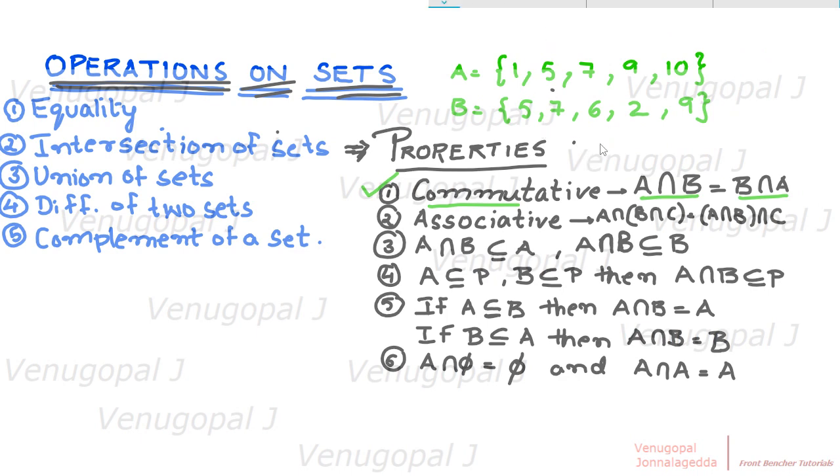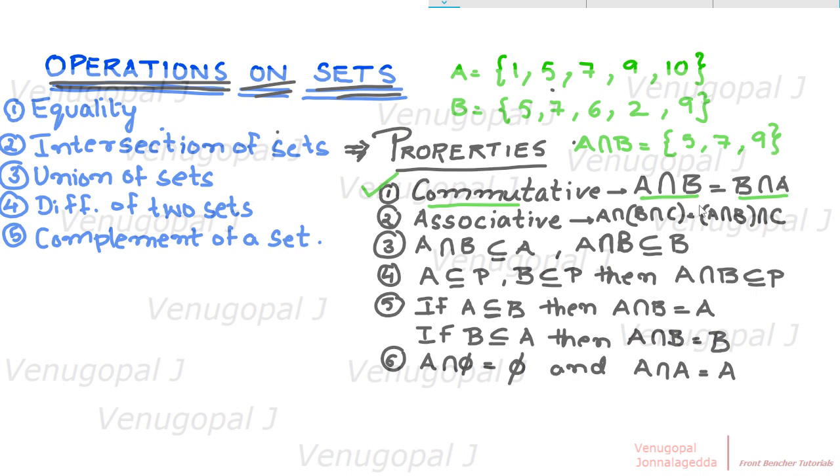So A intersection B gives me the common elements which are there in both set A and B. So intersection basically forms a common elements set. So the common elements in both of these sets A and B are 5, 7 and 9, right?